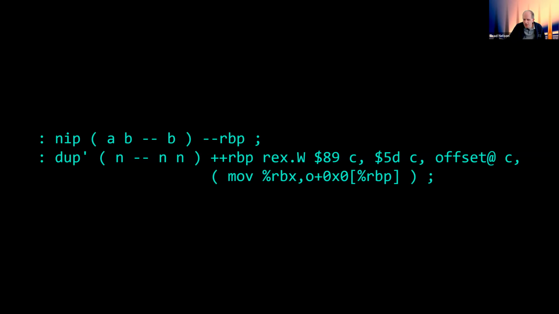So this plus RBP is moving where I at compile time think of it being, but I haven't yet actually incremented it. And so when I assemble an instruction for this move, I'm including this offset, and so that lets me know what offset I want to use. So you'll see these offsets sprinkled throughout, and I just described this in the comment as an offset plus 0.